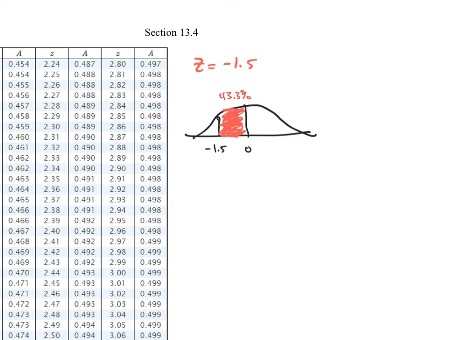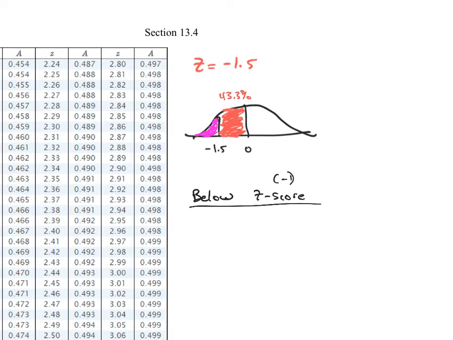So now let's think about it. What if I wanted below, how many scored below a z-score of negative 1.5? So if my z-score here is negative, very important that you note that your z-score is negative here, how would I find, I'm going to color it pink here, that pink area over there?